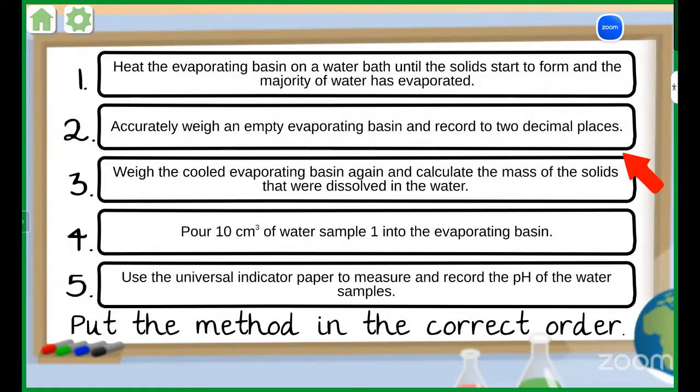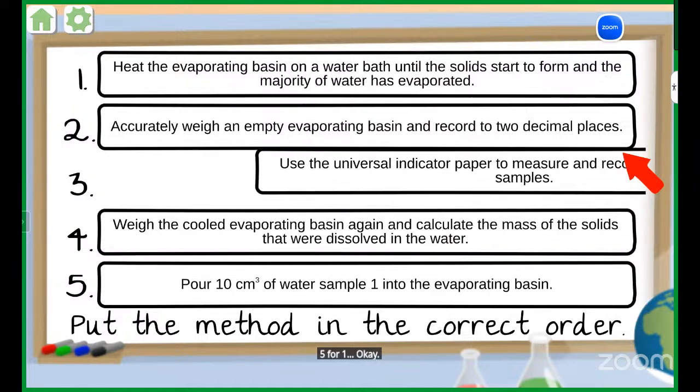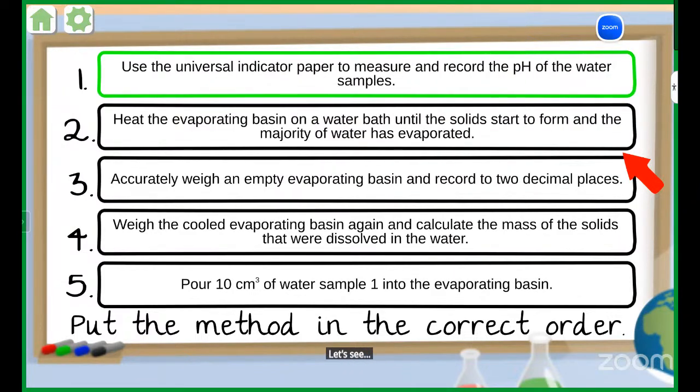All right. Now, can you tell me what you put for number one? Number 5. 5 for 1. Okay, let's see. Good.